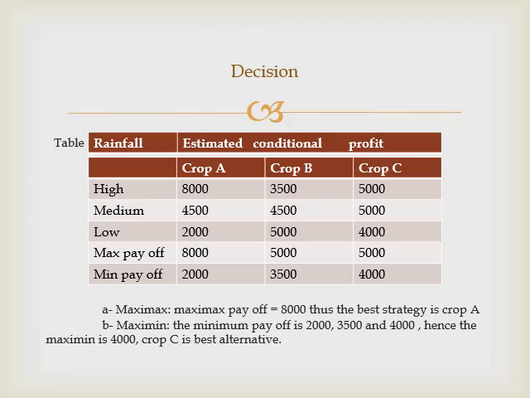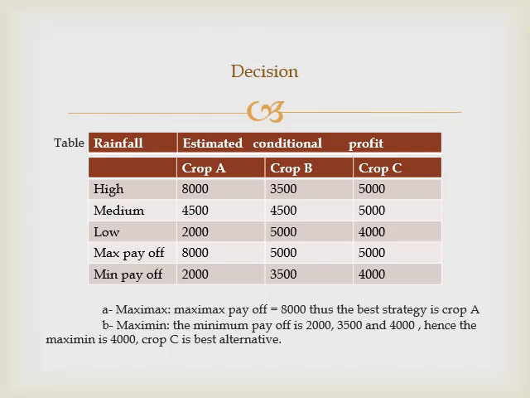Just draw the table of payoff. Add a row of max payoff and a row of min payoff according to the given data. The best profit for group A is 8,000, the maximum. The minimum is 2,000.